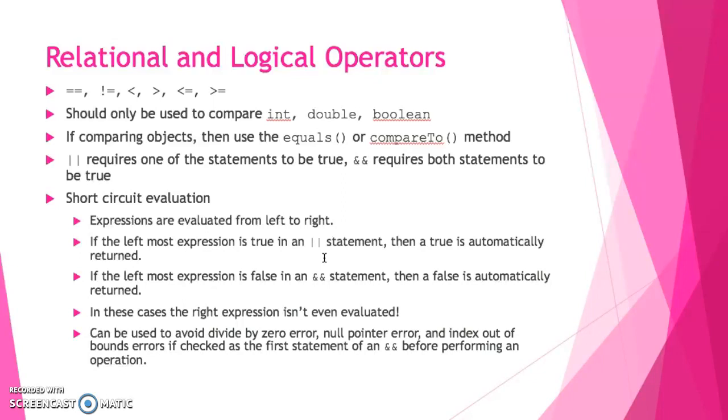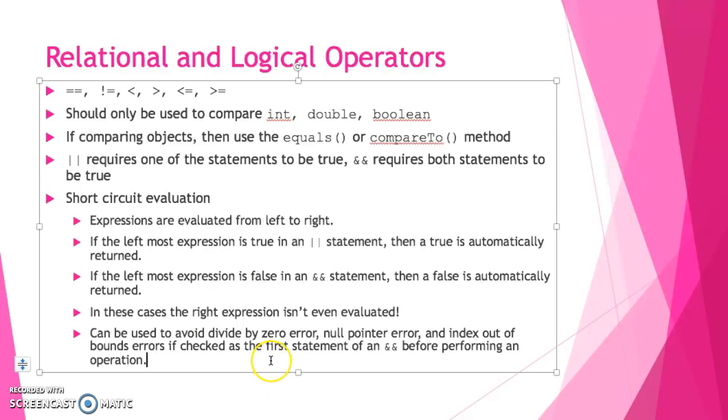So short circuit evaluation is a kind of shortcut for the computer in doing these comparisons, and if used effectively, it can help you avoid a divide by zero error, a null pointer error, index out of bounds, etc., because you can have that check done as the first statement of an and, and then if it's valid, you can go ahead and do whatever other scenario you need to do.